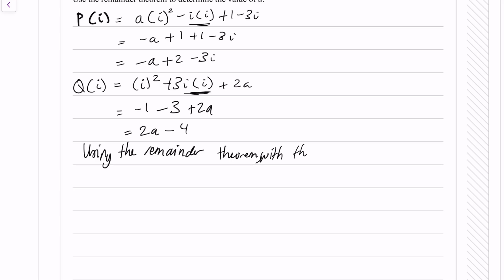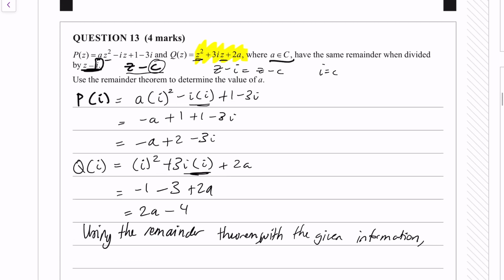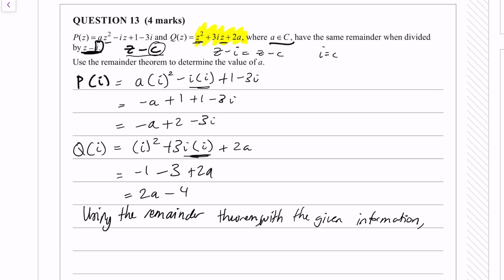and with the given information, that when we divide p and q polynomials by z minus i, then we have the same remainder.